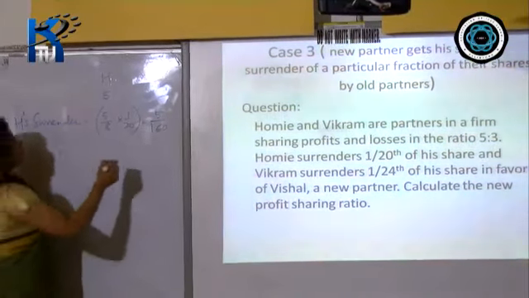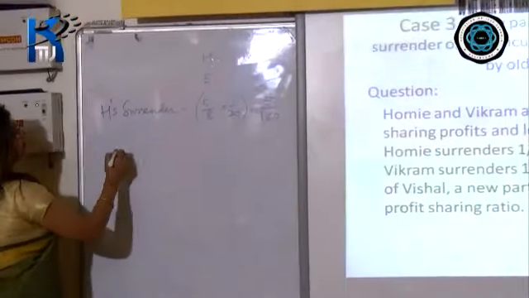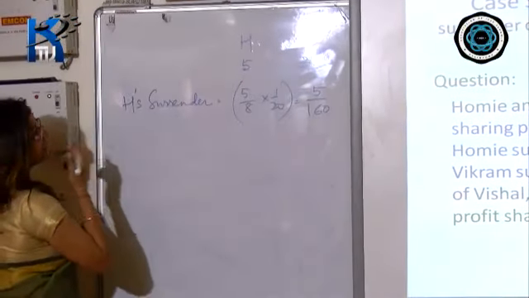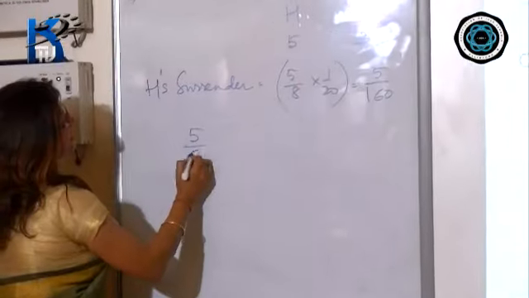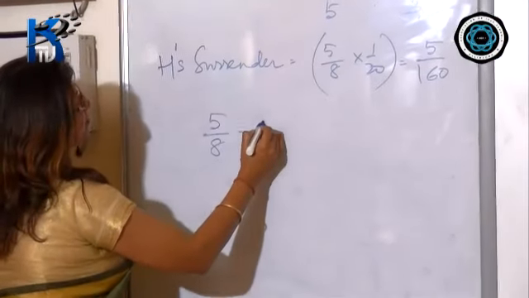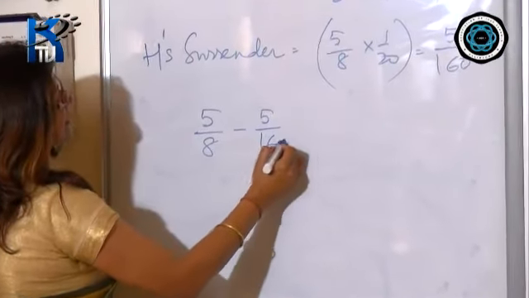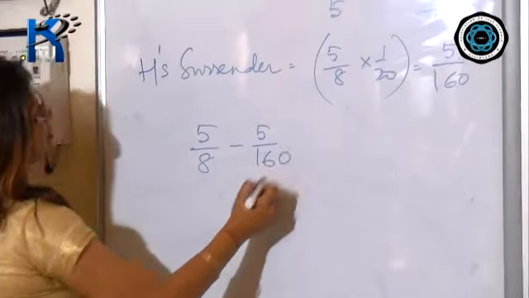5/160. Let's see how much Homi's new share is in this case. 5/8 minus 5/160, because 5/160 he is giving away to the new partner. Who's the new partner here? Vishal. So he's giving it to Vishal.